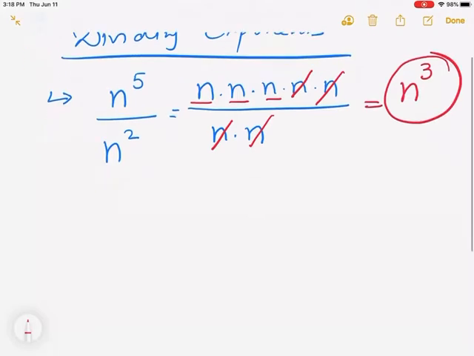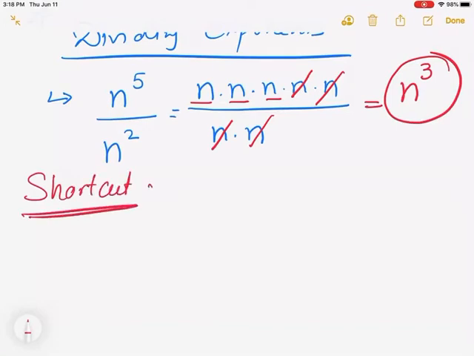If you don't like this, here's a shortcut, which is one of the properties of exponents. Anytime you see same base, this is base n, this is base n, same base dividing, here's the shortcut. N to the 5 divided by n squared.